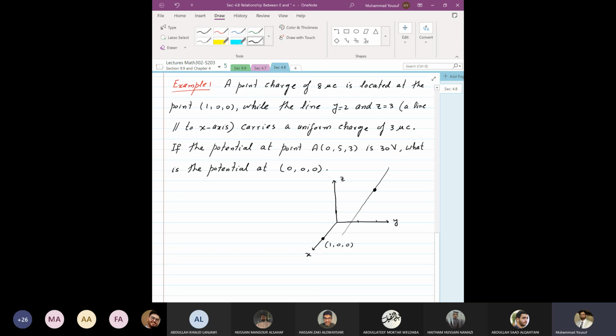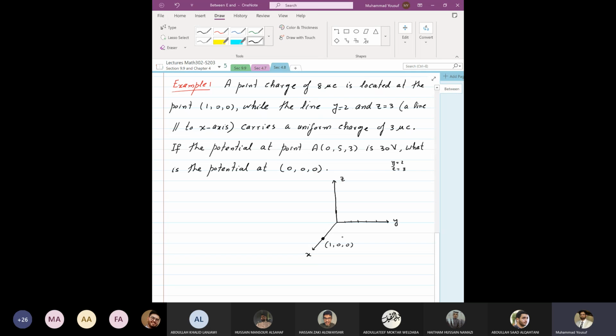A line y equal to 2, z equal to 3. Then we have a point A, where x is 0, so this point is in the YZ plane. Y is equal to 5 and z equal to 3. Let me use small units: 1, 2, 3, 4, 5.